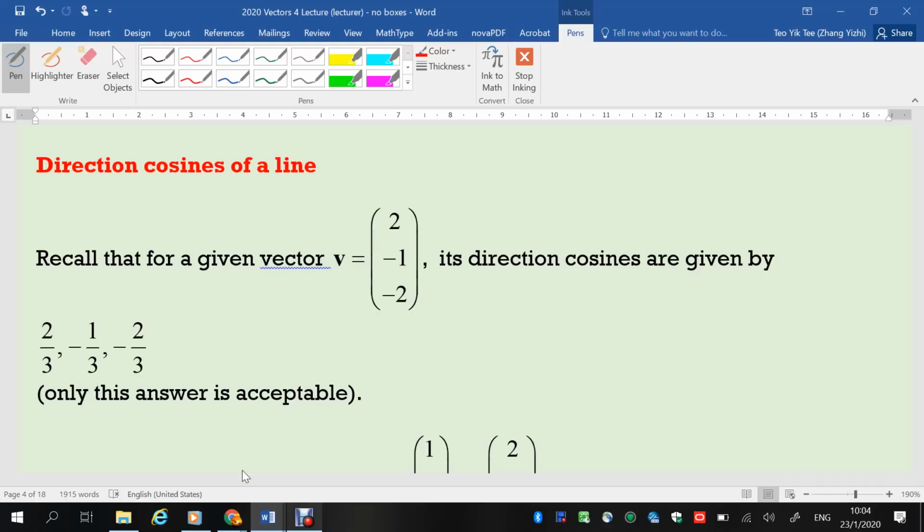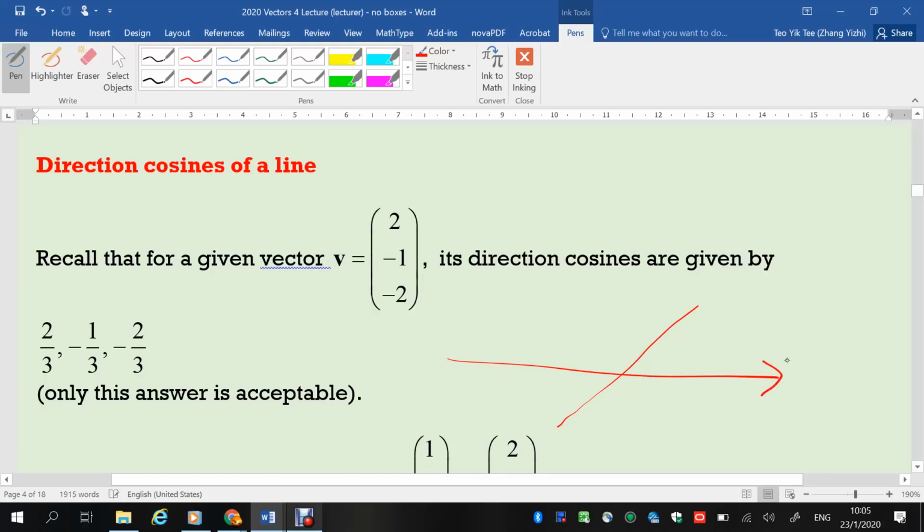What is the angle that this line makes with the so-called x-axis? If I were just to do a sketch for you, let's say this is the line, and this is the x-axis. What's the angle that your line makes with the x-axis? Is it this angle or is it this angle? Which one?